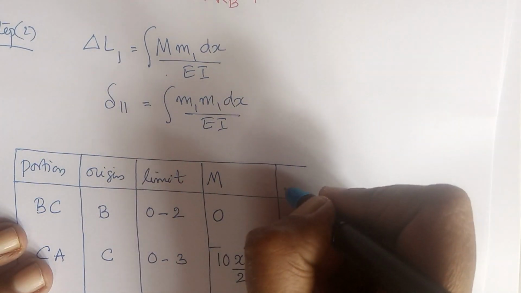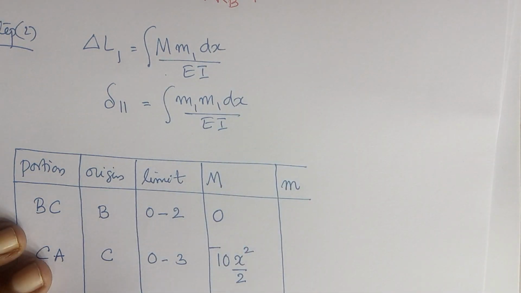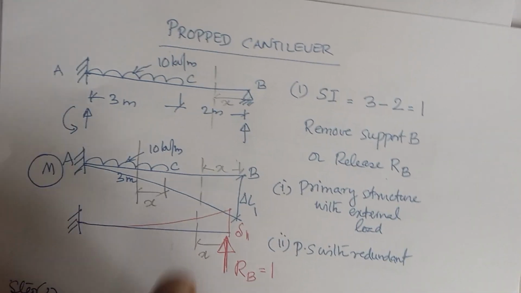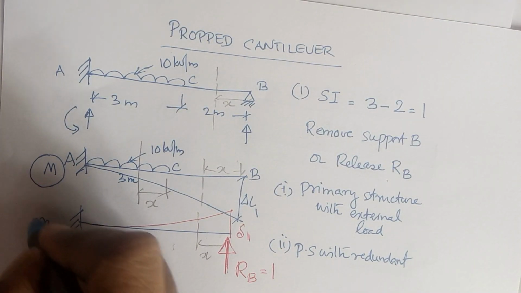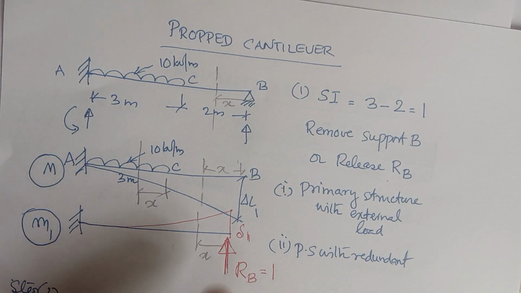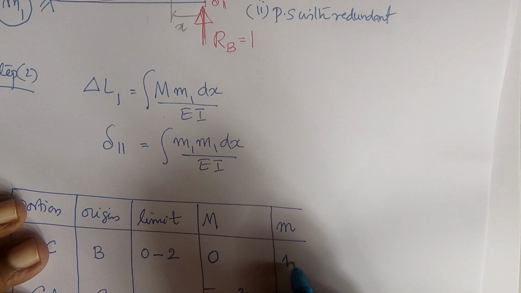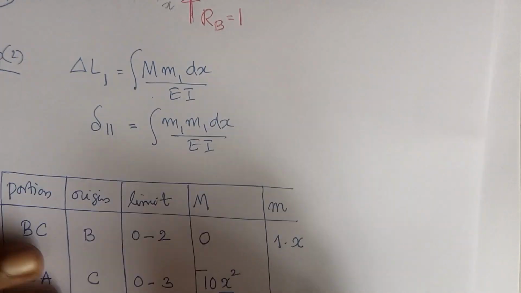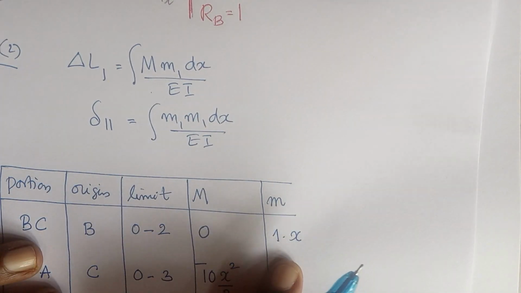Next, we are going to prepare the bending moment expressions due to redundant. So this figure we call it as small m1 diagram. Bending moment at a distance x is 1 into x, that is a sagging moment, so positive.